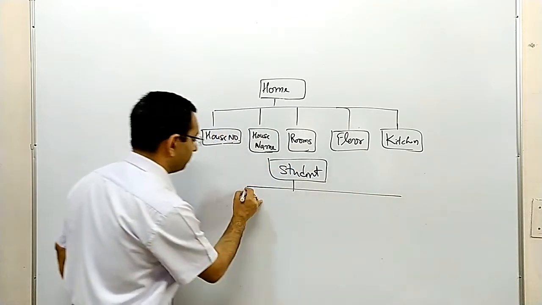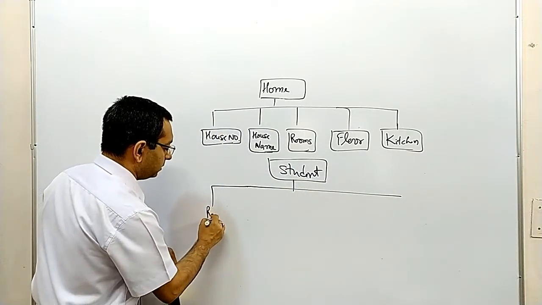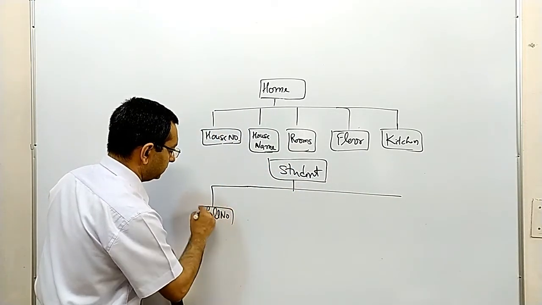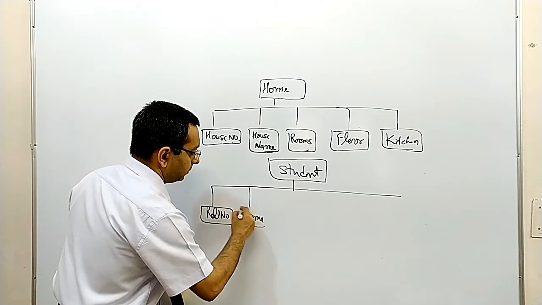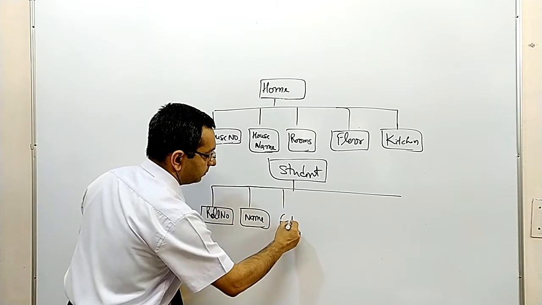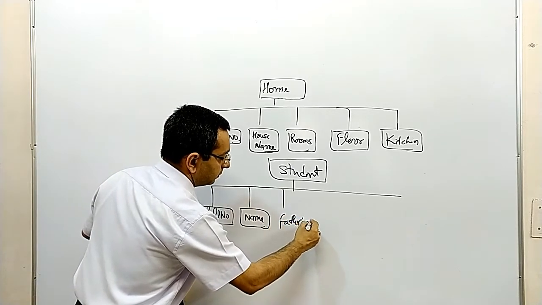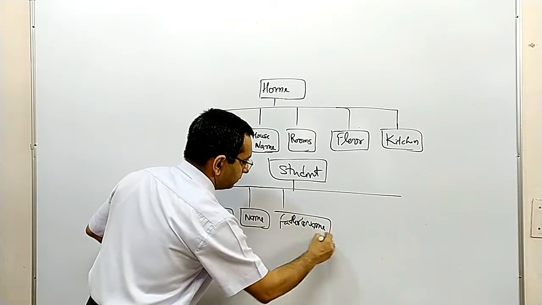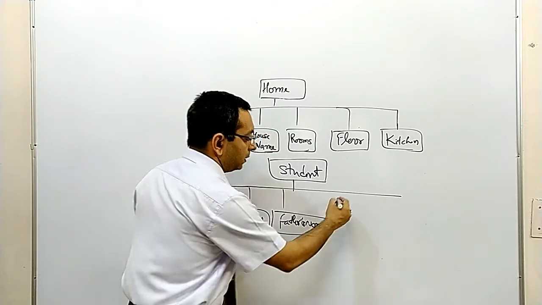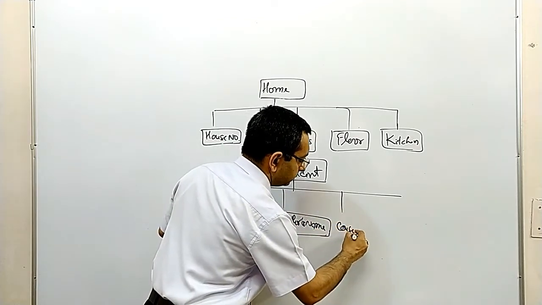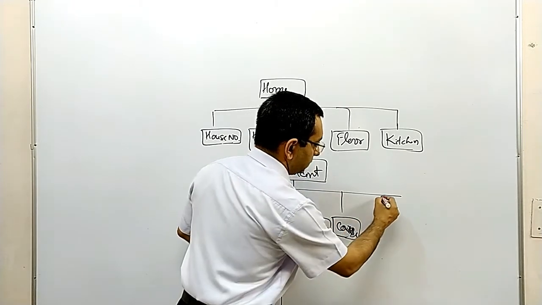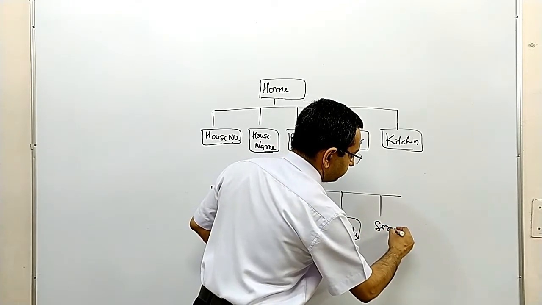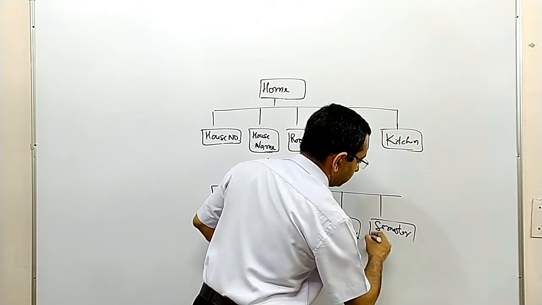Another example, suppose we are taking a student. So a student may have roll number, name, father's name, course, semester, college name.